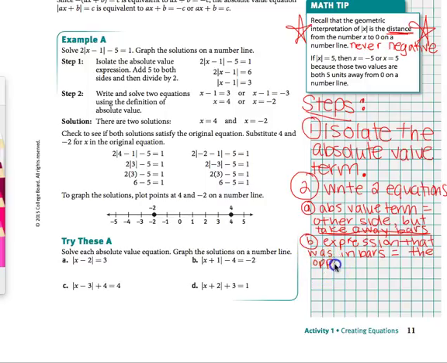It's equal to the opposite of what we had in step A. Once we've written the two equations, as you might guess, we solve them next. So solve both equations. We should end up getting two answers.